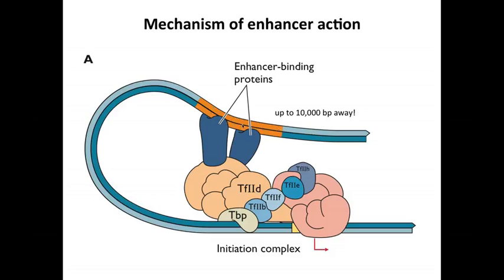They're called enhancer binding proteins, and they in turn interact with the initiation complex. And the idea here is that the enhancers stimulate transcription, perhaps by increasing the stability of the initiation complex. So again, the enhancers enhance transcription, as the name would suggest, by facilitating these stable interactions.